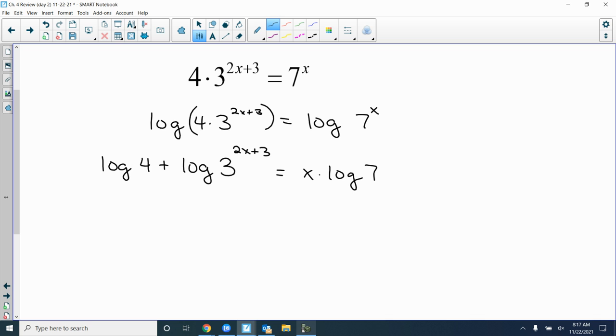So I can do that. Log of 4, that's a constant. No x is involved with that one. Log of 3 to that power, 2x plus 3. Take the entire 2x plus 3 out in front of the log of 3. So I get log of 4 plus (2x plus 3) times log of 3 equals x times log of 7.